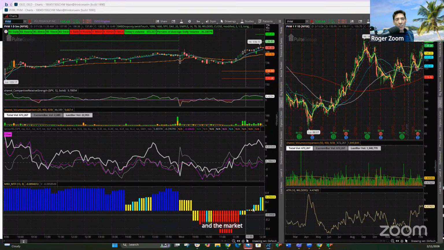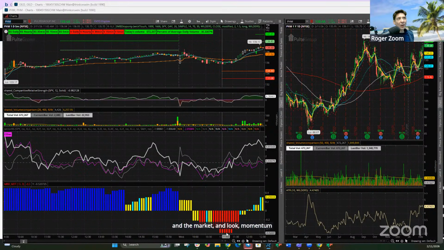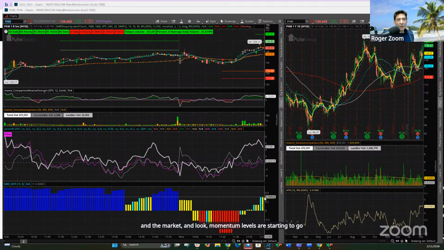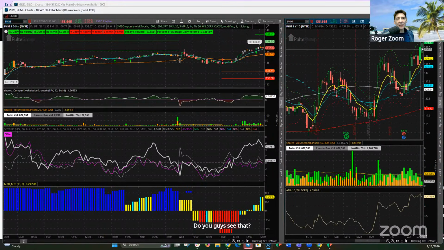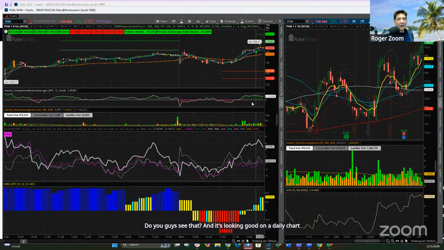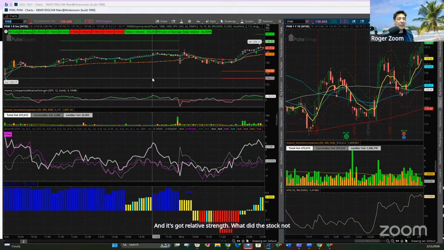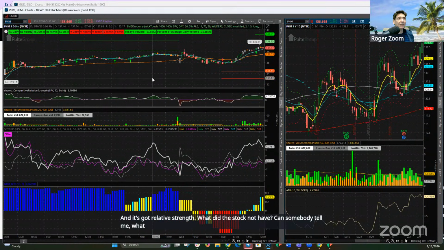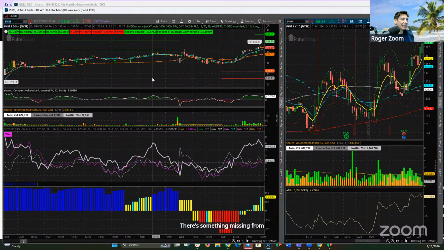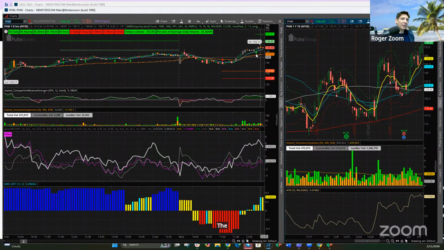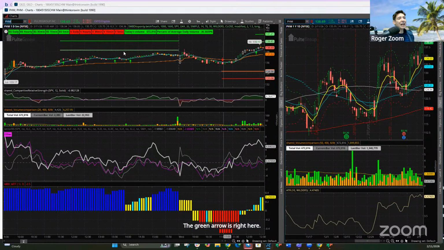And look, momentum levels are starting to go up. Do you guys see that? And it's looking good on a daily chart as well, and it's got relative strength. What does the stock not have? Can somebody tell me? There's something missing from this stock. The green arrow is right here. Volume. Thank you, Sean.